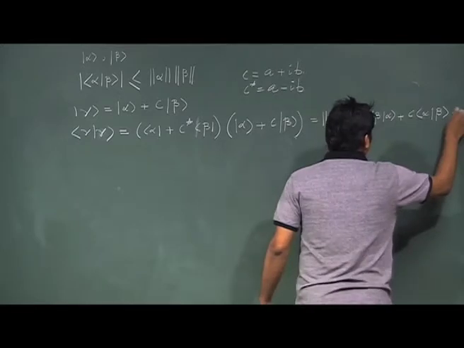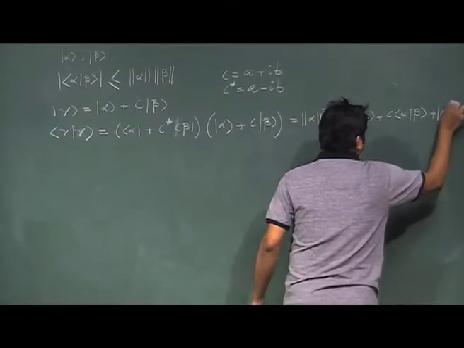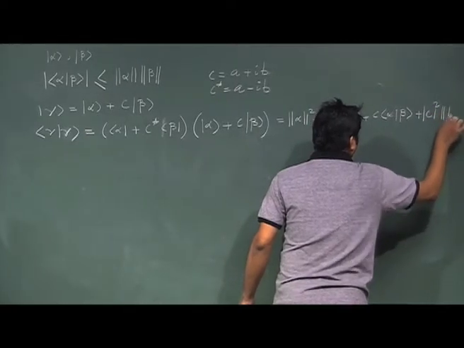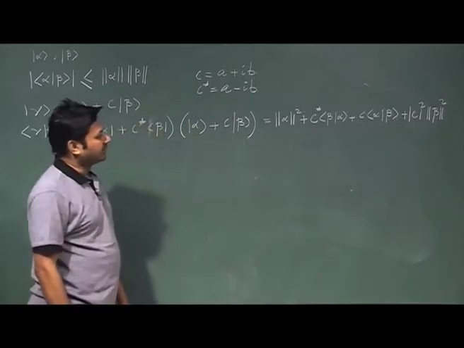So finally I will have mod of c square into the norm square of beta. This will be my expression.